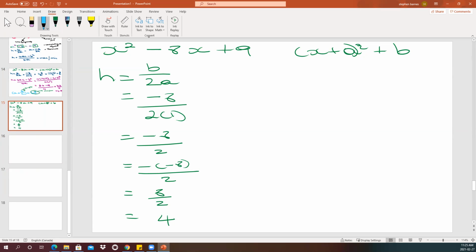And then we can go ahead and find our minimum or maximum, which is that value outside there, whether it's b or k or q or m, whatever they want to call it.